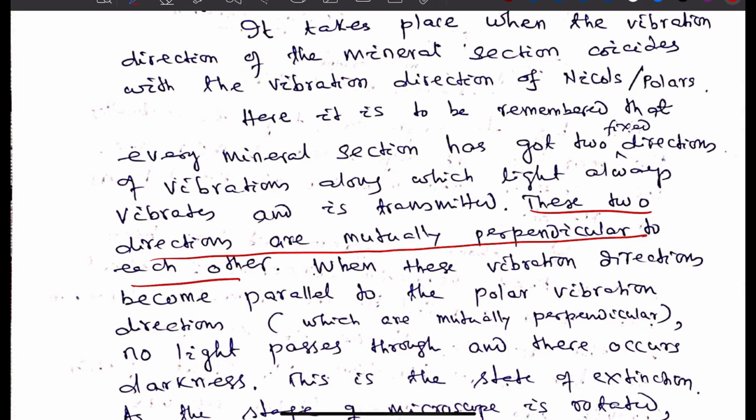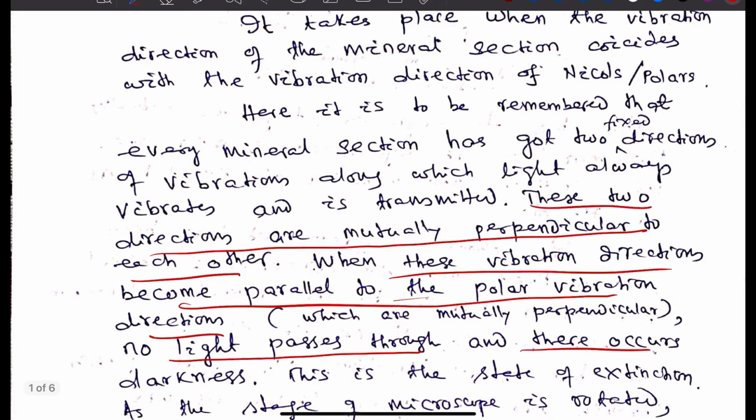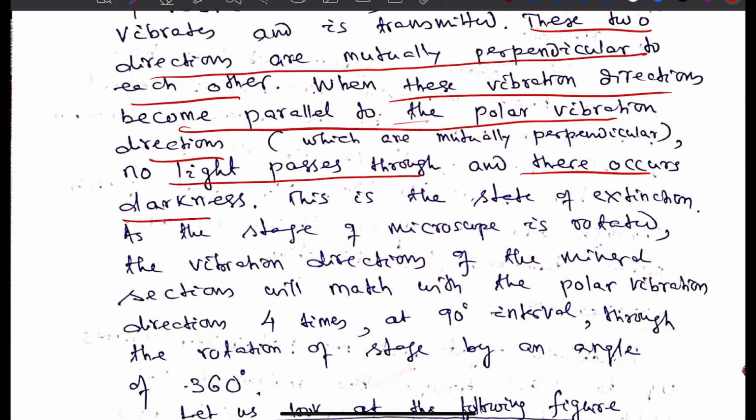When the vibration direction of the mineral and that of the polars are parallel, no light passes through and there occurs darkness. This is the state of extinction.